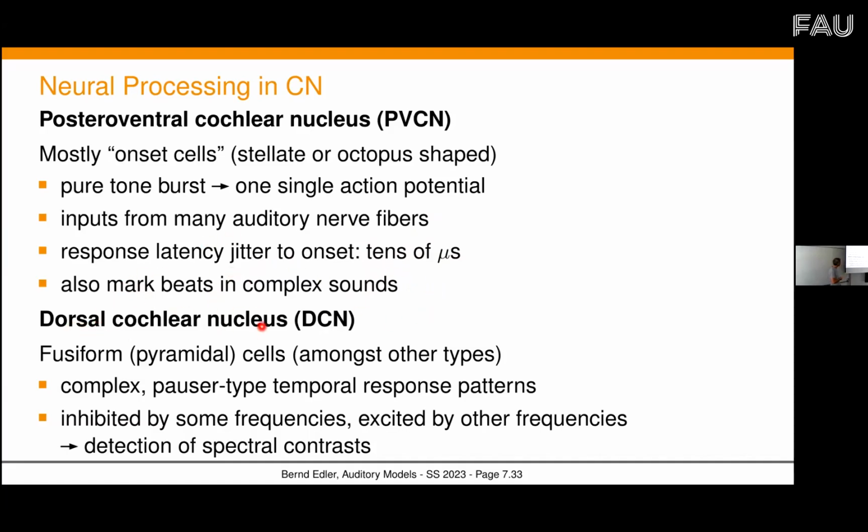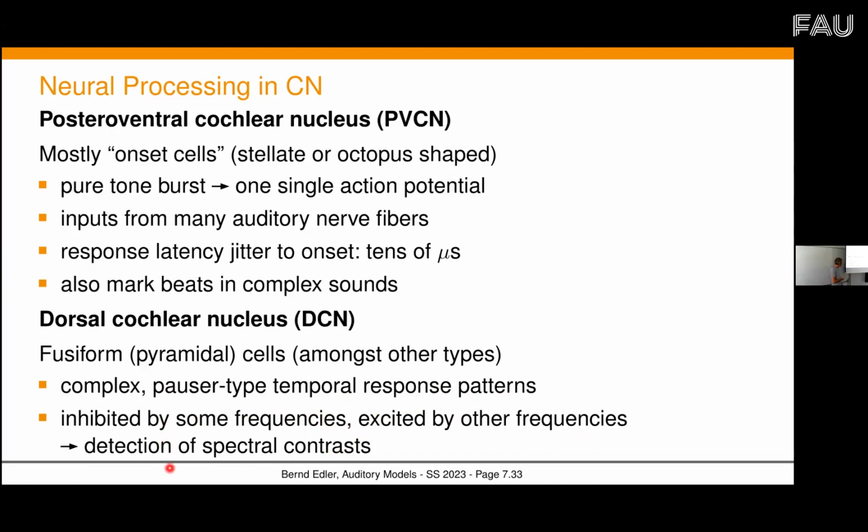And then there's the third part of the cochlear nucleus, the dorsal part, and there are these pyramidal cells amongst other types, with complex pauser-type temporal response patterns. As I showed you before, they would first have a peak, and then kind of a pause before they again show higher activity. They can be inhibited by some frequencies and excited by other frequencies. That means certain fibers would activate them, and other fibers could inhibit the activity.